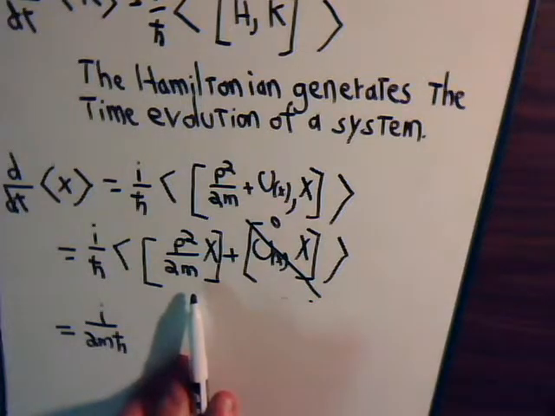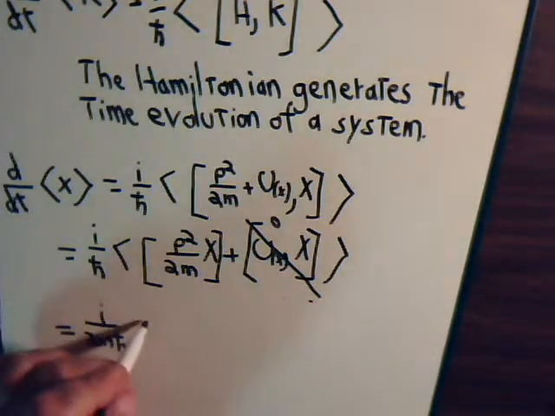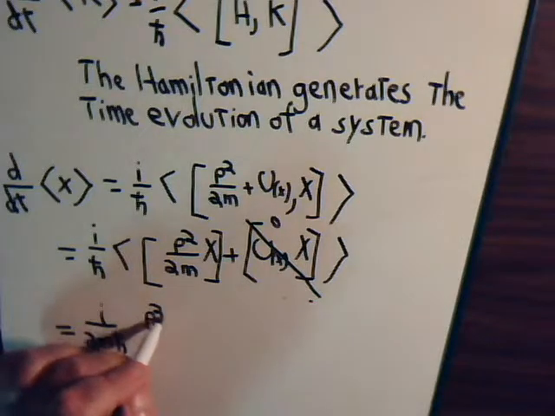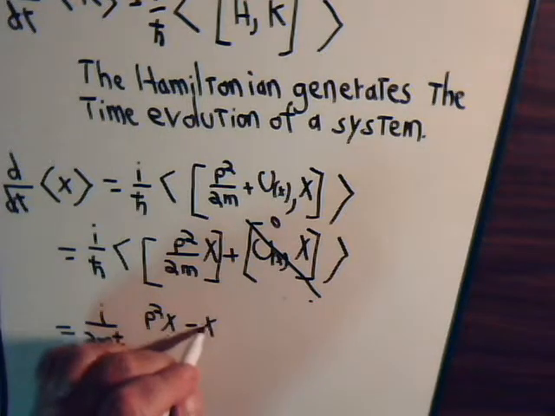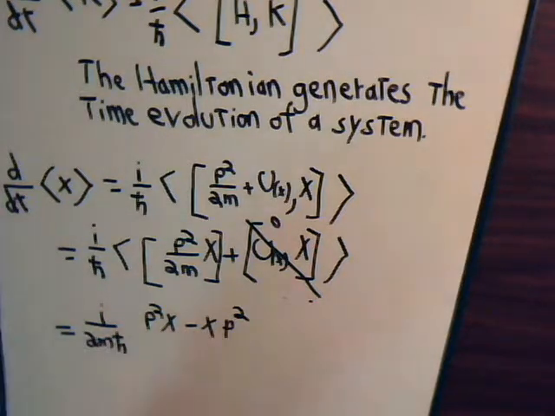Now, from this commutator, we're going to have p squared x minus x p squared. Now, this is not 0 because we can never precisely determine the position and the momentum at the same time. So that's why this is not 0.